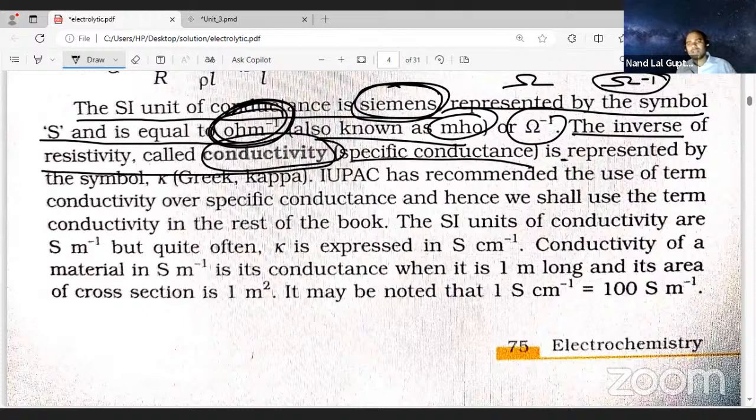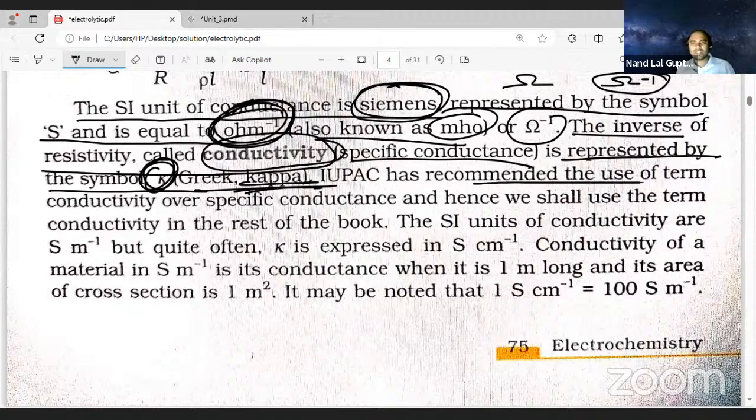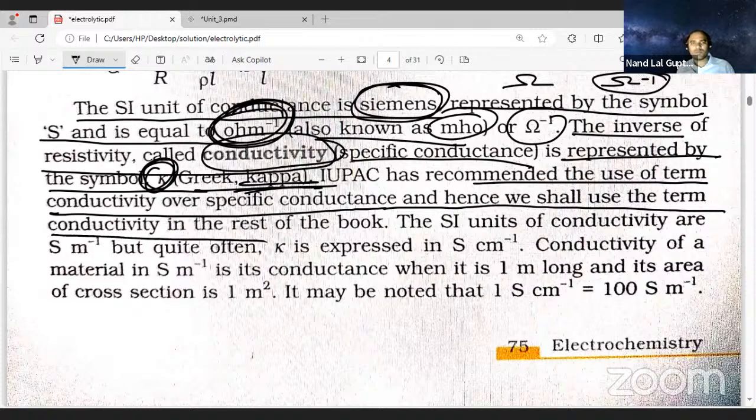Specific conductance is represented by the symbol K, Greek kappa. Conductivity is represented by K and its Greek word is kappa. IUPAC recommends the use of the term conductivity over specific conductance, and hence we shall use the term conductivity in the rest of the book.